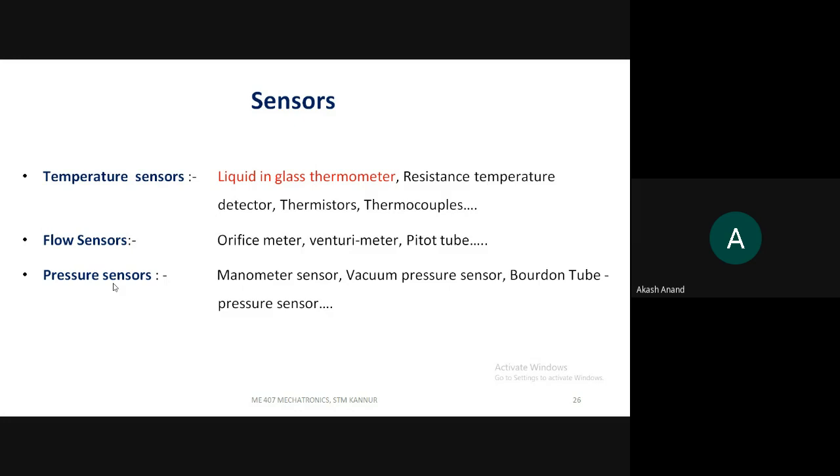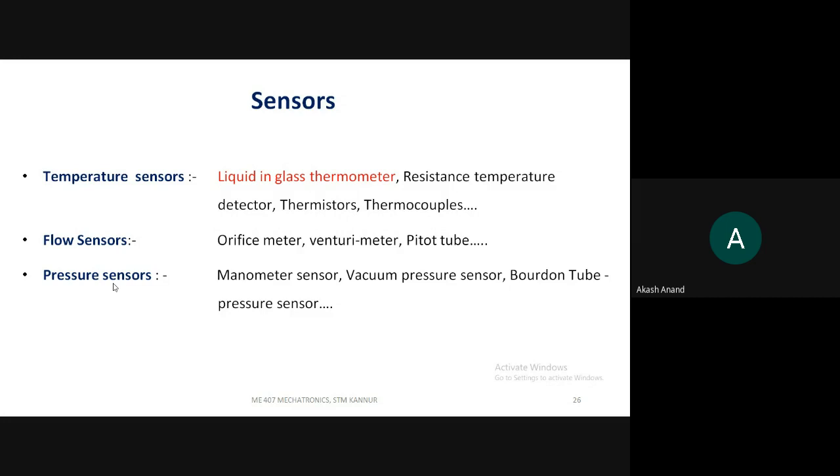So this is only the basics that you need to know, but it is out of the scope of the subject. But as far as our subject is concerned, you have to understand and know some details about these mentioned examples. So here, as examples of pressure sensors, I took the manometer as the first example, the second example as the vacuum pressure sensor, and the third example is the Bourdon tube pressure sensor.